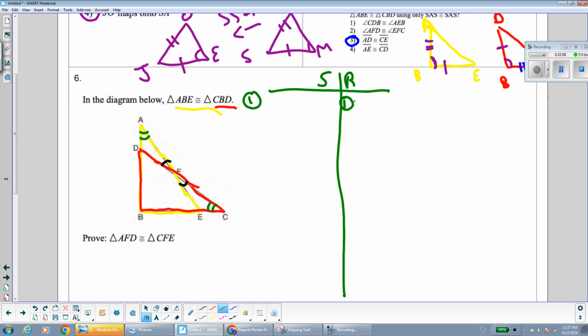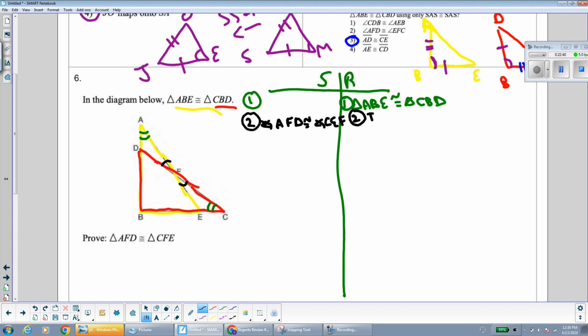So we were given that triangle ABE, the big yellow triangle, was congruent to triangle CBD, the big red triangle. And then we concluded that in the small triangles, we had angle AFD congruent to angle, oh, that's not an E, that's an F. Let me change that. Angle CFE.